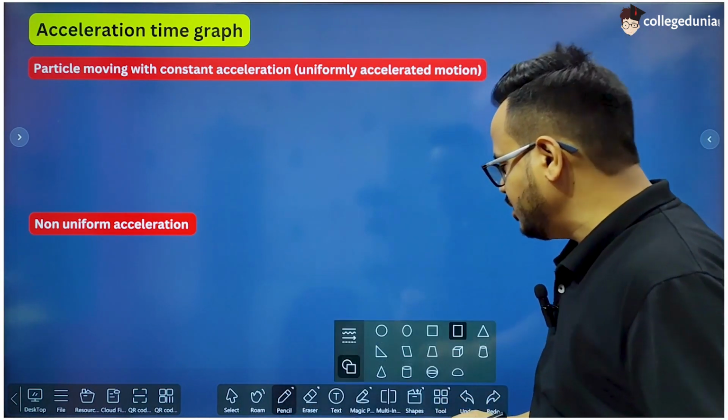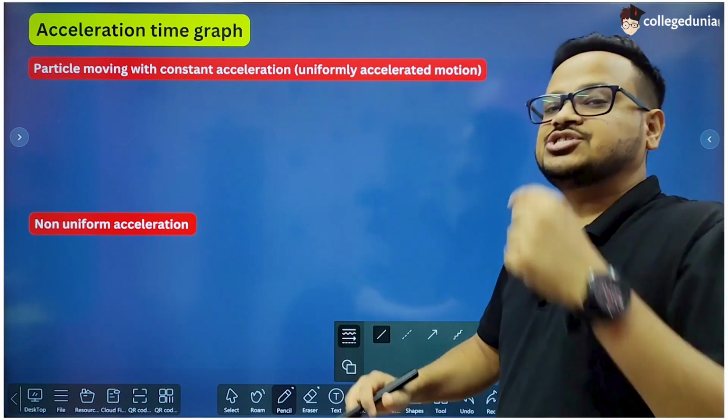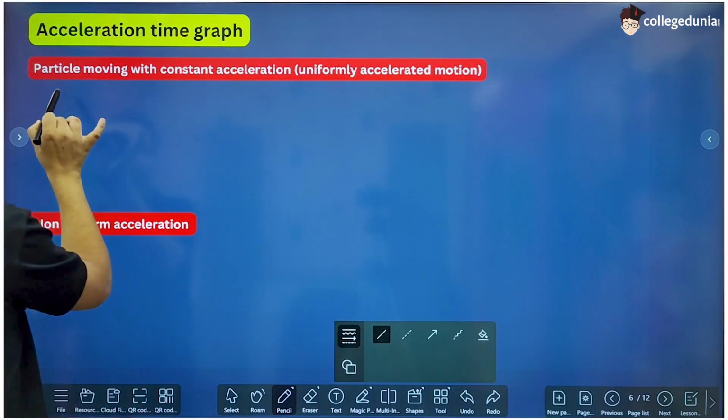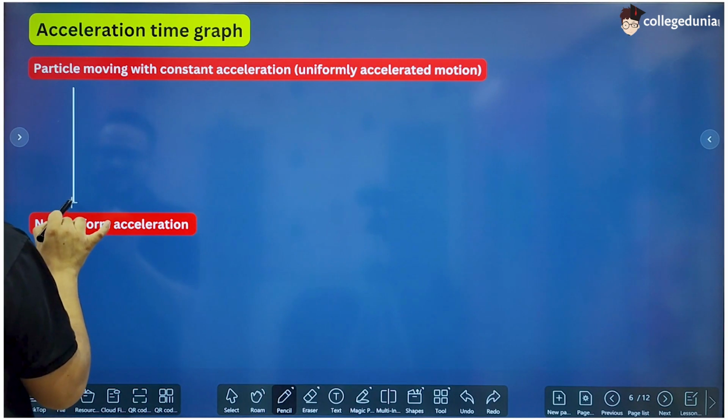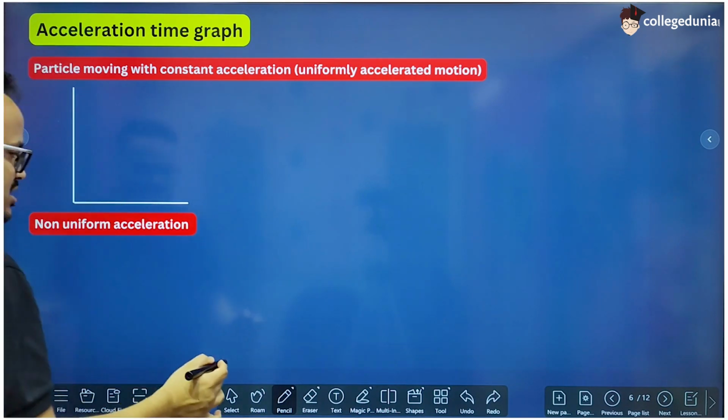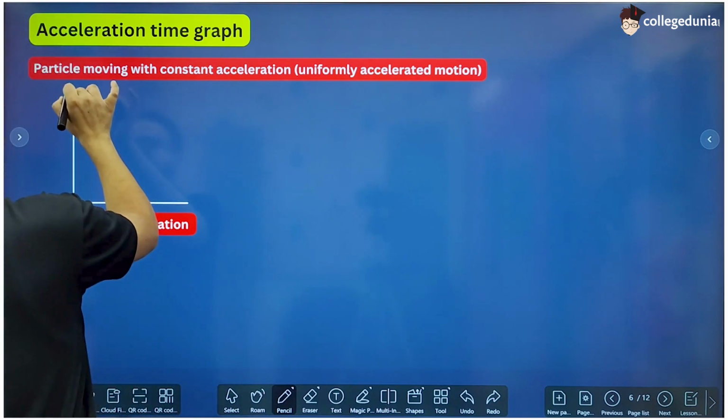Now if we want to see how this acceleration is changing with time, then we have to draw these acceleration time graphs. So first case is when the body is moving with a constant acceleration.